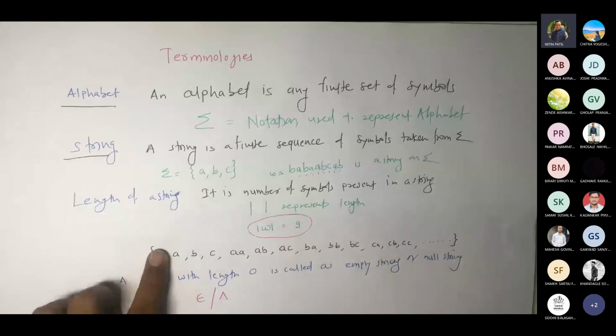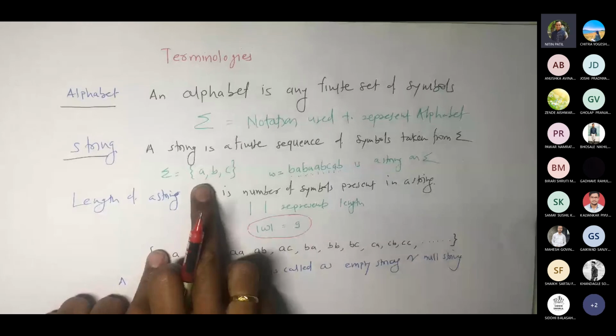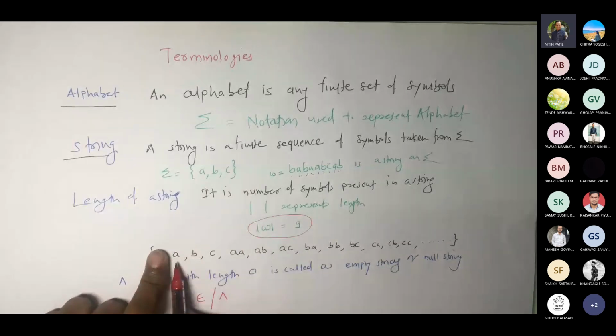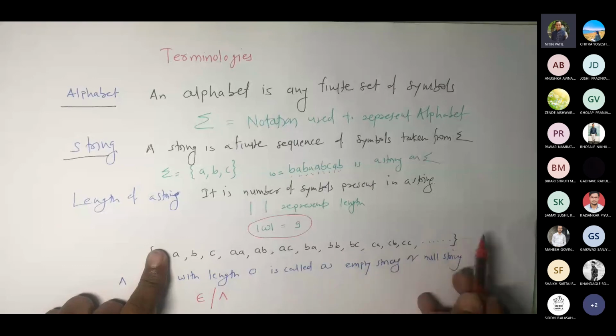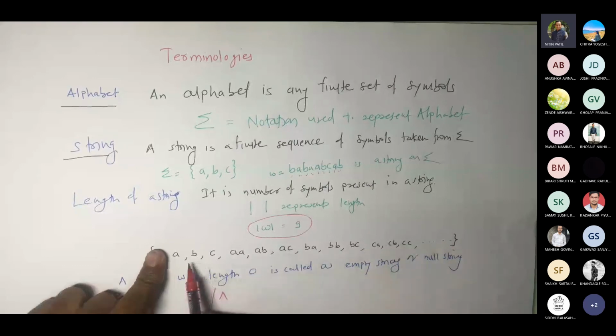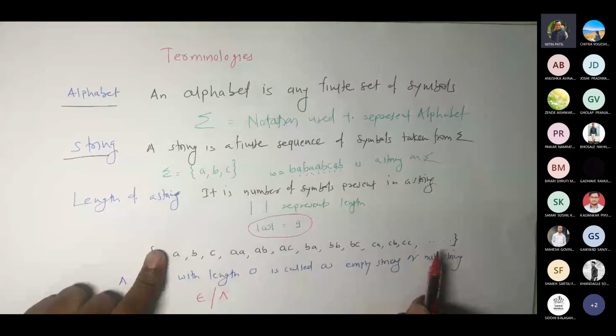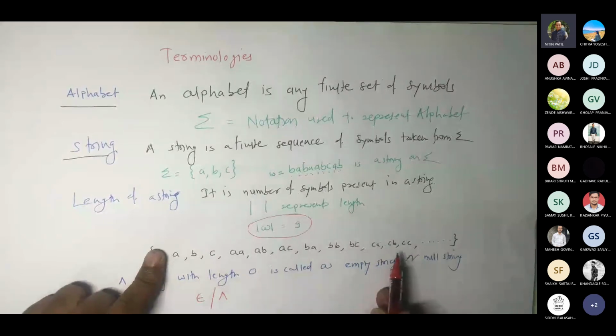Now suppose I start writing all possible strings generated with this set. I start with A, B, C, AA, AB, AC, BA, BB, BC, CA, CB, CC, and so on. You must have seen that I am increasing this set by combining different characters.